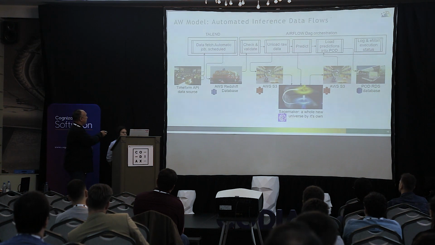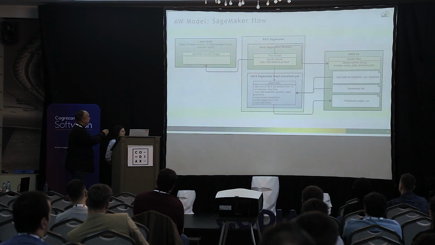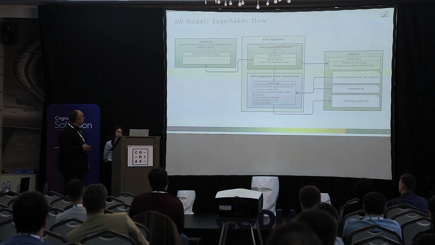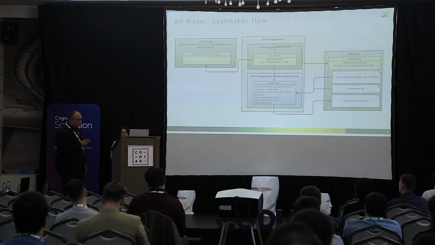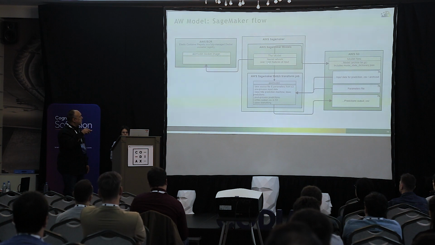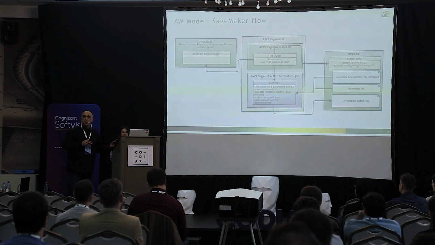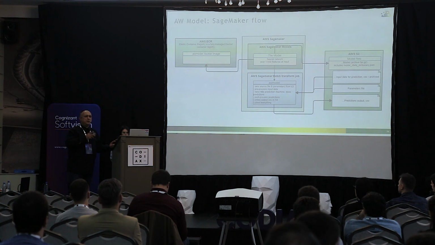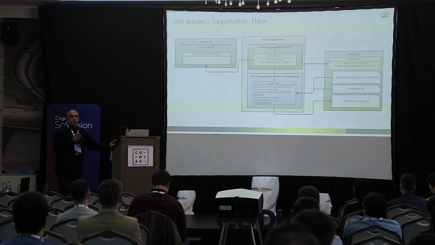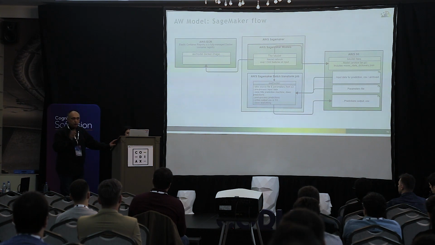I said that inside SageMaker the predictions are happening, but not only. Why not only? 1,518, it's the exact figure, features are used for the predictions we were talking about.